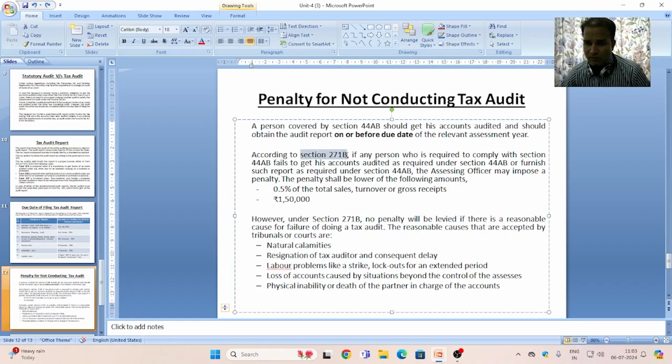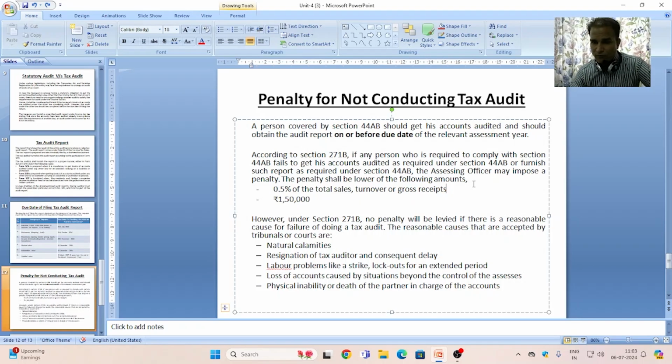According to section 271B, if a person who is required to comply with section 44AB, means he has to conduct the tax audit for his books of accounts, fails to get his accounts audited as required under section 44AB, then the assessing officer may impose a penalty.